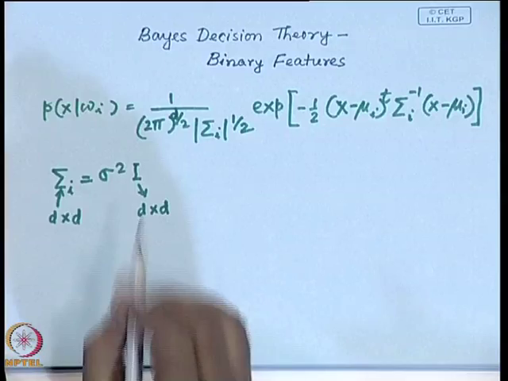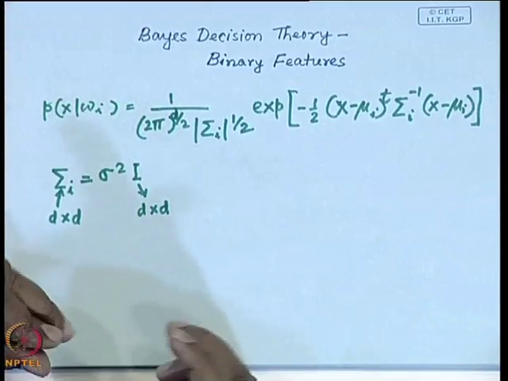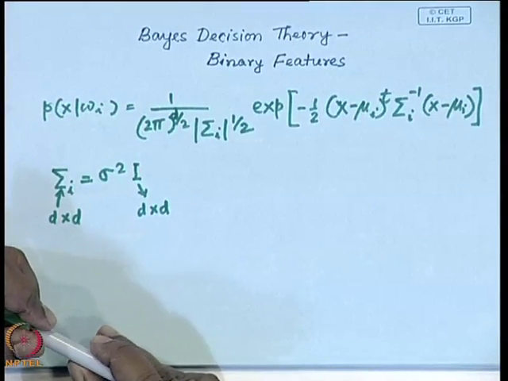Okay. So, in such cases we have seen that the classifier is nothing but a linear classifier, or when we talk about the discriminant function, the discriminant functions for individual classes are also linear functions, and because they are linear functions, the classifier which employs these linear functions to classify an unknown feature vector is a linear machine.